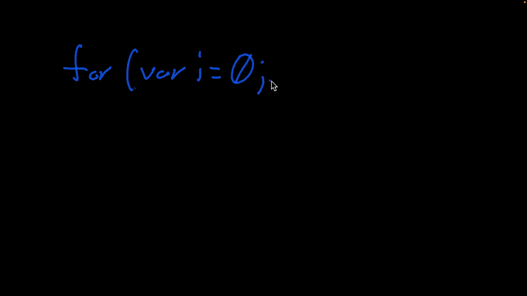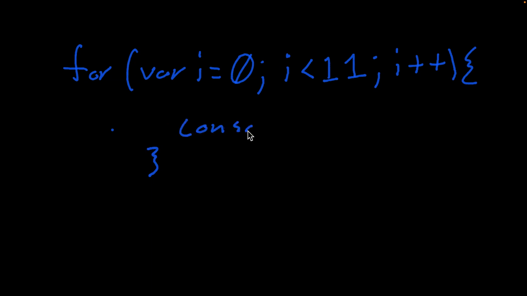And then we have a semicolon. And then we can say something like, while i is less than 11, i plus plus. And while this is true, console.log i.